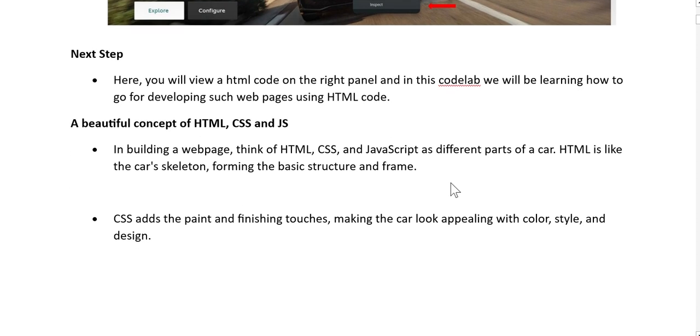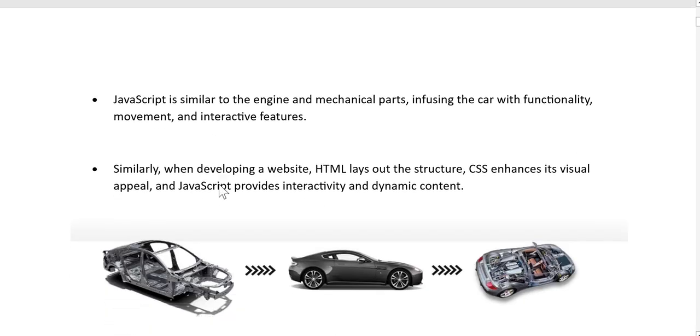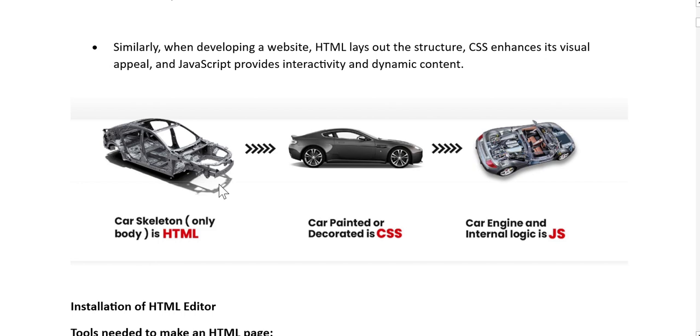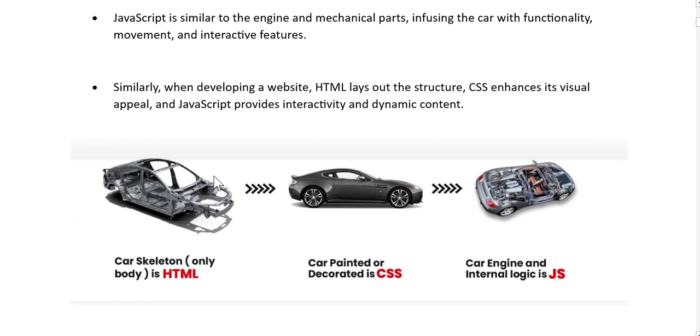HTML, CSS and JavaScript. In this series, I am going to focus on HTML. This is a simple example: HTML is the skeleton and it contains boilerplate code, and the car is painted or decorated with CSS.